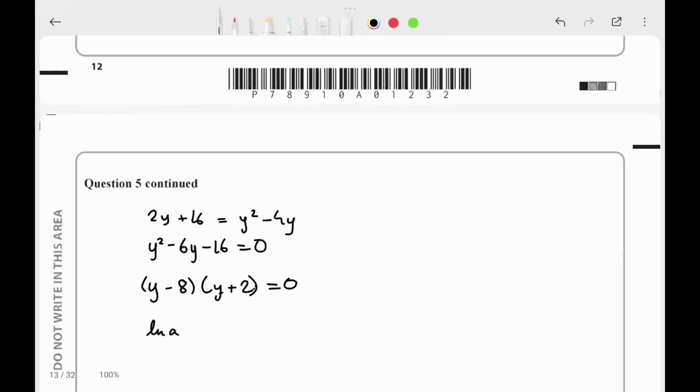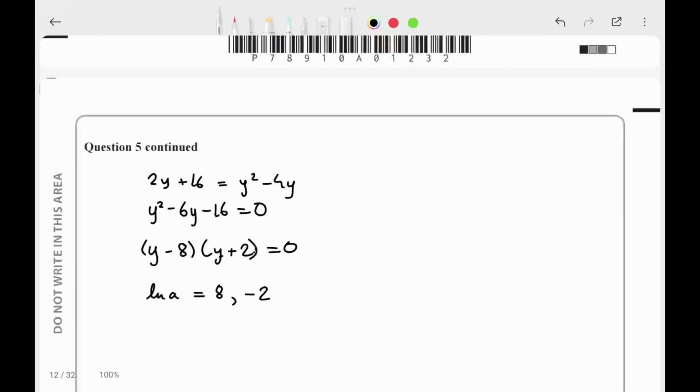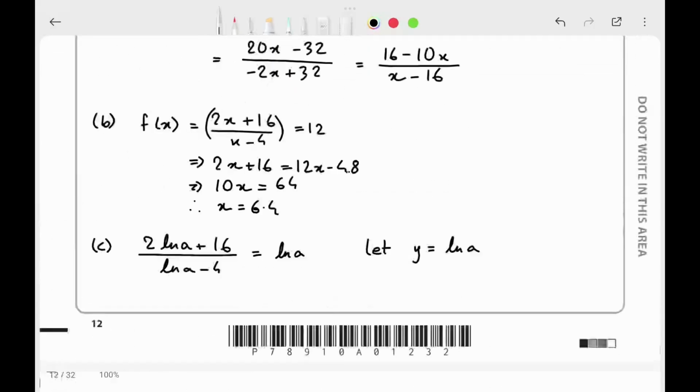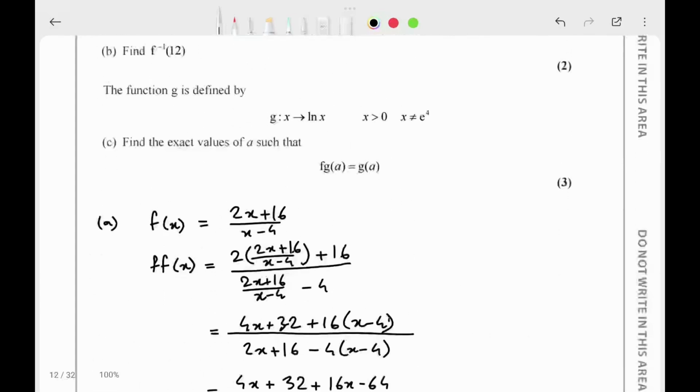So ln of a is equal to 8 or minus 2. So a is equal to e to the power 8 or e to the power minus 2. So that's part C, and we're done with the question.